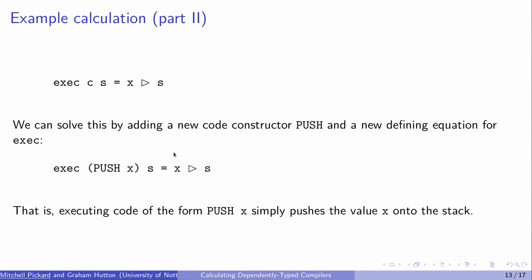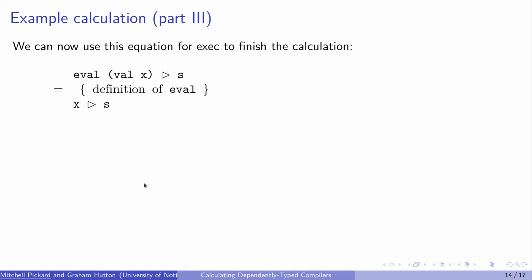That means that this equation can then be used as a defining equation for exec. So not only are we defining this new constructor, we are also defining an equation for exec. And in this case, the push constructor simply pushes this value onto the stack. Now that we have this new definition, we can use it in our calculation.